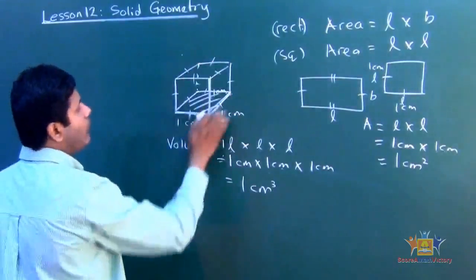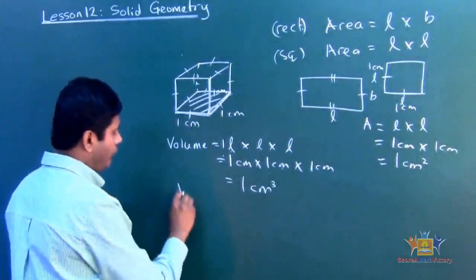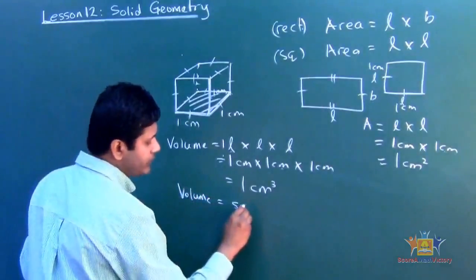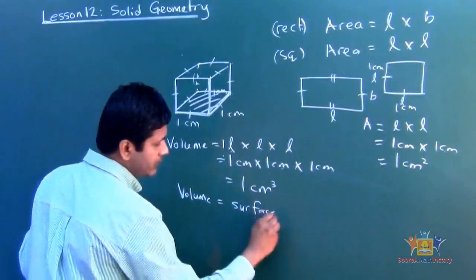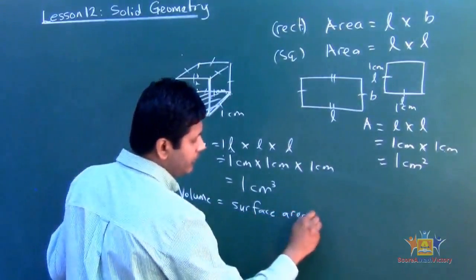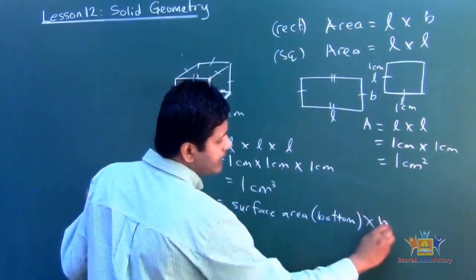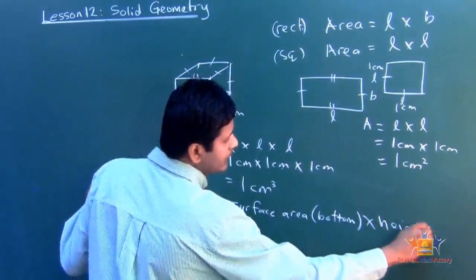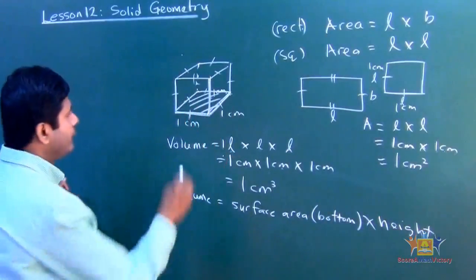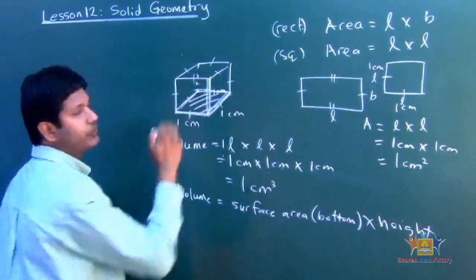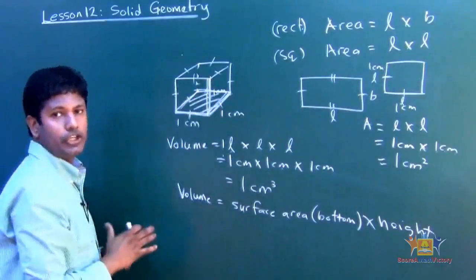So that is the volume. Pretty much the volume equals the bottom surface area times the height. If I give you the surface area of the bottom and the height, I can also find the volume of the cube.